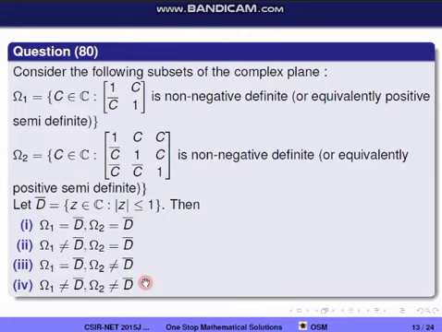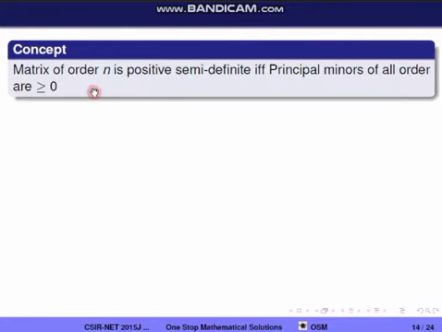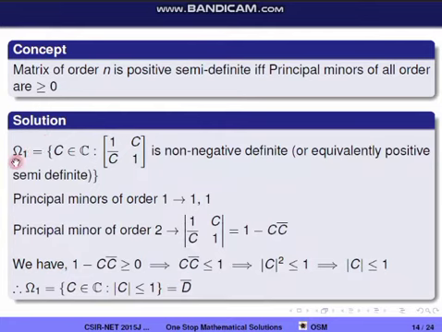So we look into the concept used. A matrix of order n is positive semi-definite if and only if principal minors of all orders are greater than or equal to 0. So now we'll move on to the question. They have given the set omega 1 like this. So this matrix is non-negative definite, that is positive semi-definite. So all the principal minors of all orders will be greater than or equal to 0. So here it is a 2 by 2 matrix, so it has only principal minors of order 1 and principal minors of order 2.